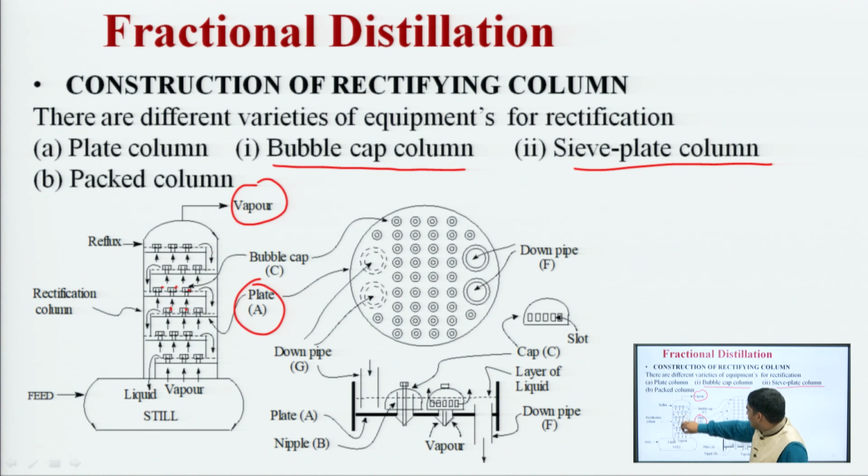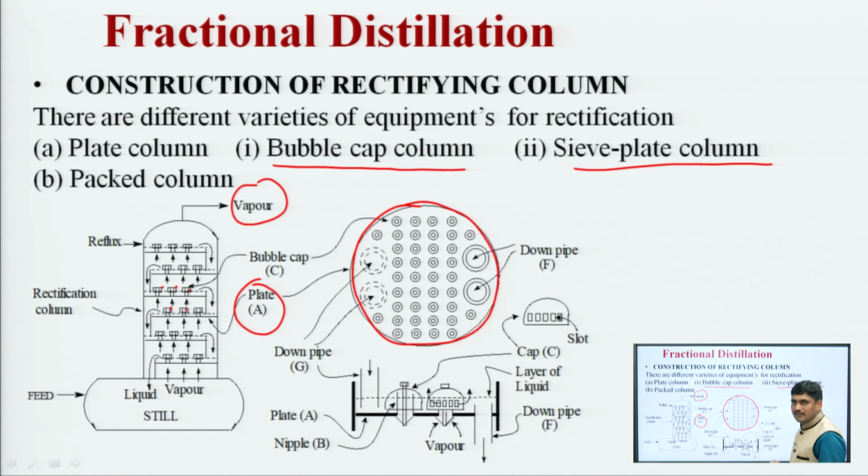If you enlarge this plate, or from the top view how this plate looks like. So, this is a diagram of a plate. In this plate these are different bubble caps which are present on the plate.